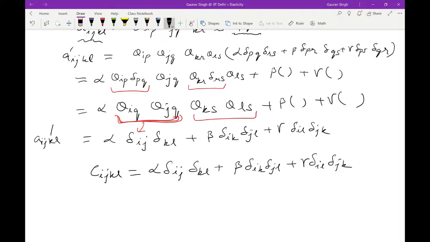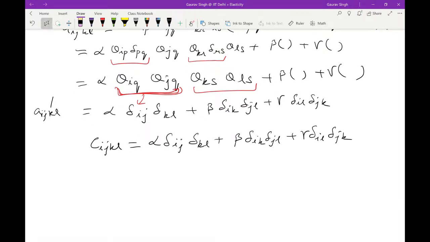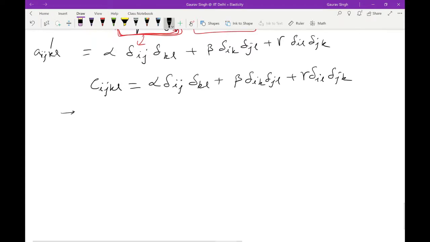So alpha, beta and gamma are arbitrary constants, and we want to now write the Hooke's law for an isotropic solid. So Hooke's law is like a linear elasticity itself, but now you want to add isotropy as well. So let's see how we can do that. We have sigma ij equal to Cijkl ekl. Okay, this is linear elasticity.